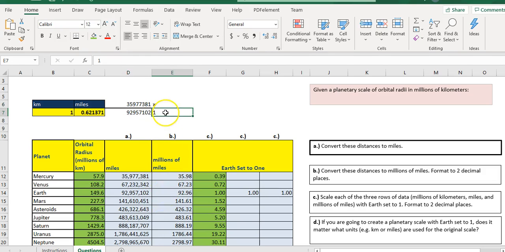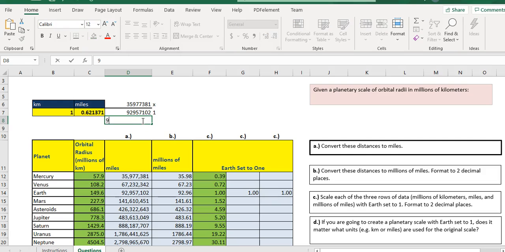And I'm still going to have x, and 1. So when I cross multiply, I end up still with this 92 million number, 92,957,102 times x equals 35,977,381 times 1, and then I'm going to end up taking x is equal to the 35,977,381 divided by 92,957,102.